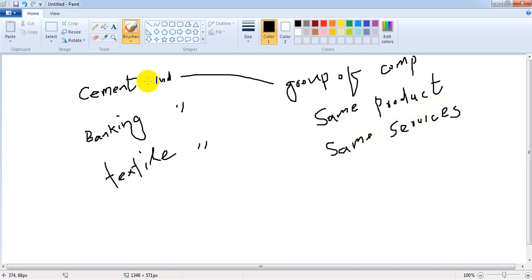So what is the cement industry? The cement industry, they are making the same products. Banking industry, they are rendering the same services. What is the bank doing? You know about the bank. So they are offering the same services.